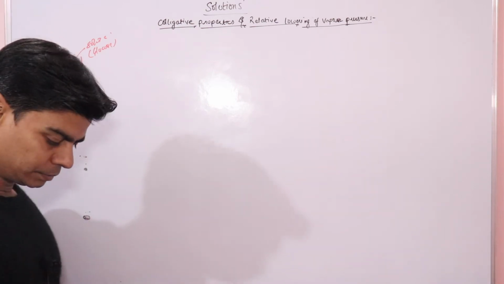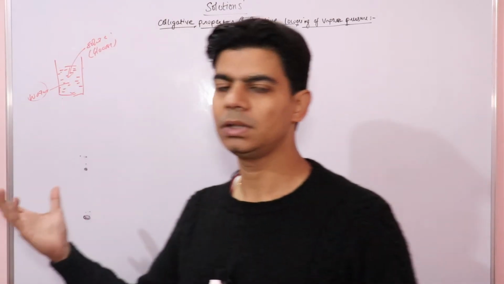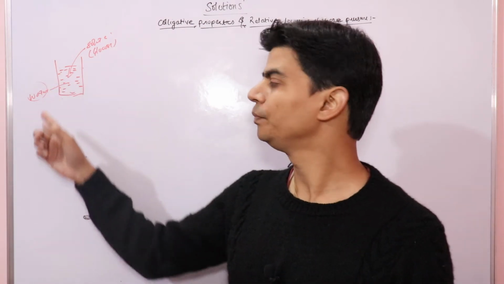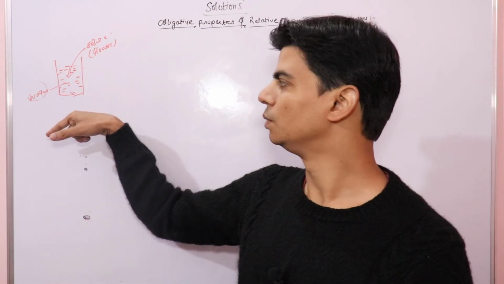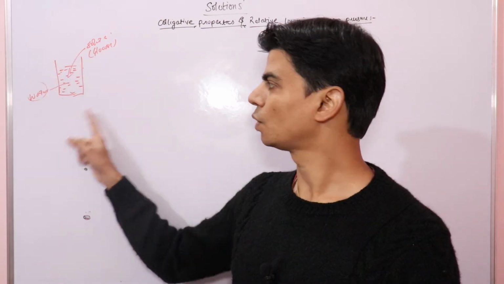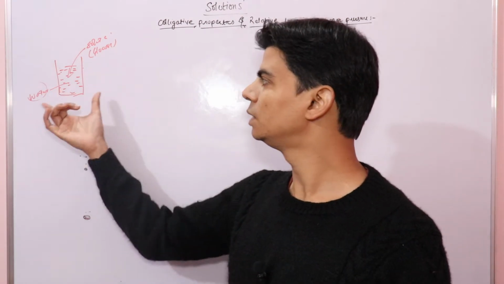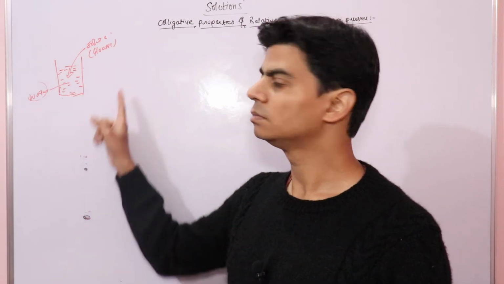In the previous video lectures on lowering of vapor pressure, we have seen that when a non-volatile solute was added to the solvent, that addition resulted in the lowering of vapor pressure of the solvent.